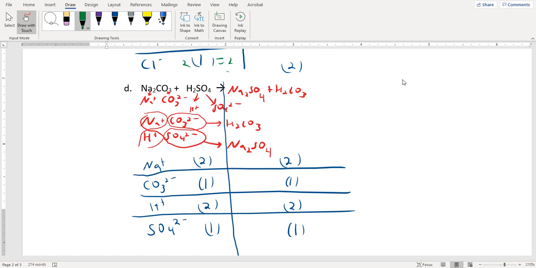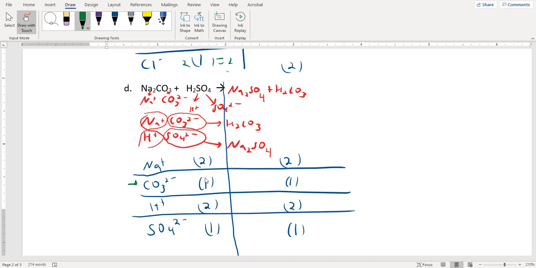I'm going to show you one with polyatomic ions. We pretend that the many atoms that make up the polyatomic ion are just one species. So for example, carbonate ion, even though it's CO3, we consider it one species.